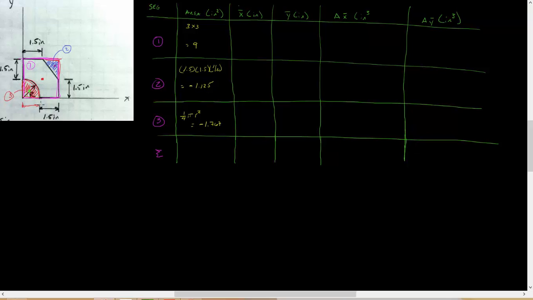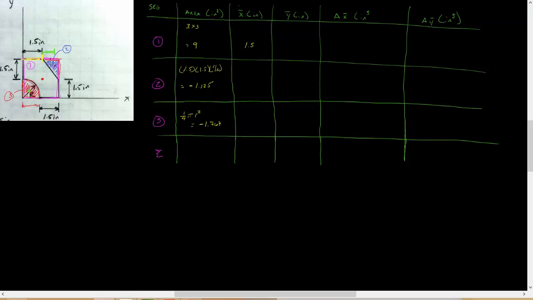So to get my x bar for segment number 1, I have 1.5. That one's pretty simple. For number 2, x bar, I'm coming along here, I get to here, I'm at 1.5. Now I've got to come all the way over here, so I've got to get this extra space right here.